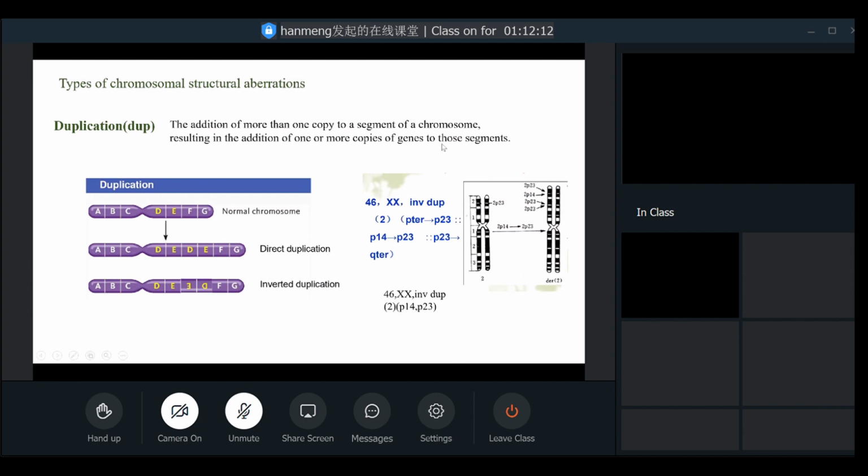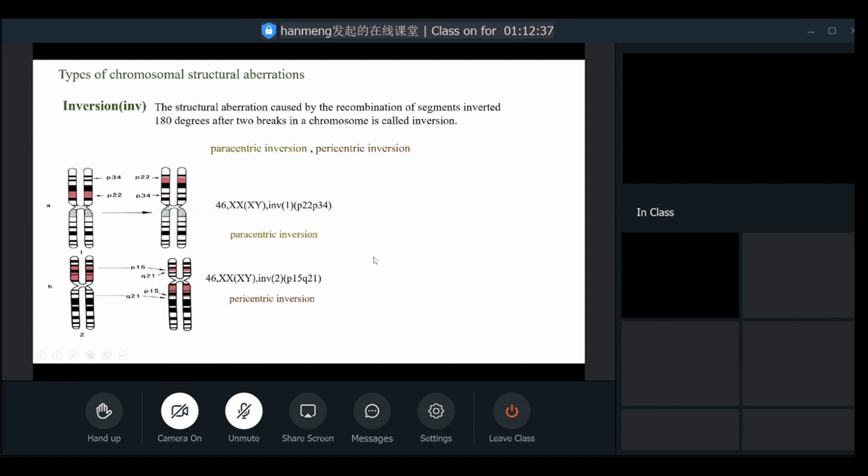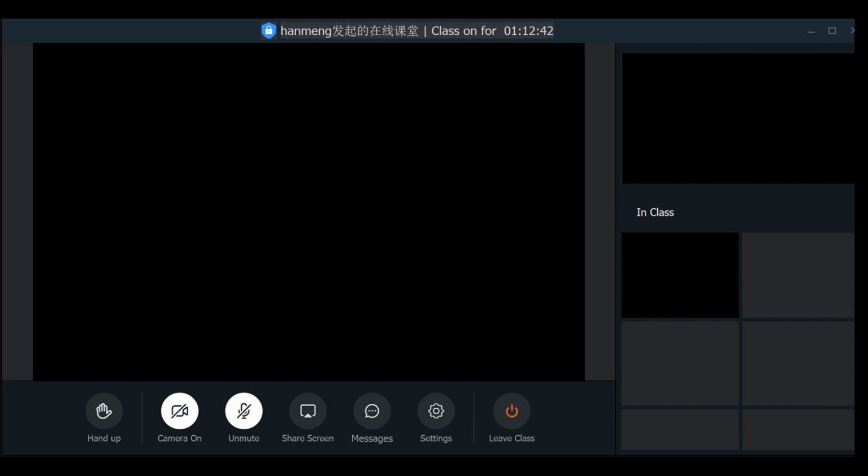So the detailed description method is used to describe the new chromosome composition. But the simple description just needs to point out the breakage point. Here, it has no comma symbol.